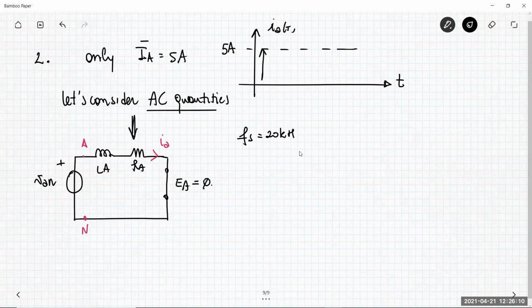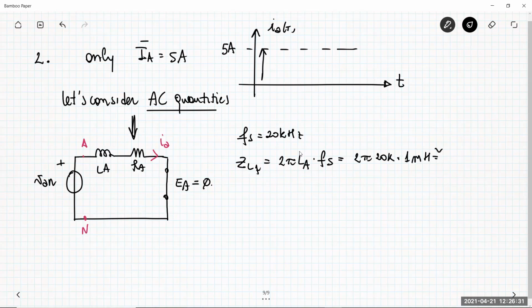The impedance of the inductance LA is 2π LA multiplied by Fs, and this is 2π times 20 kilohertz multiplied by 1 millihenry, which is more or less 126 ohm, and this impedance is very large with respect to RA, which is 0.5 ohm.